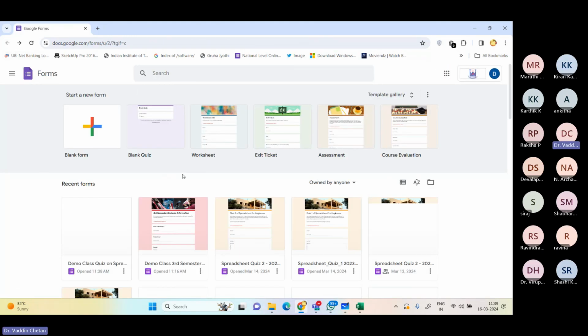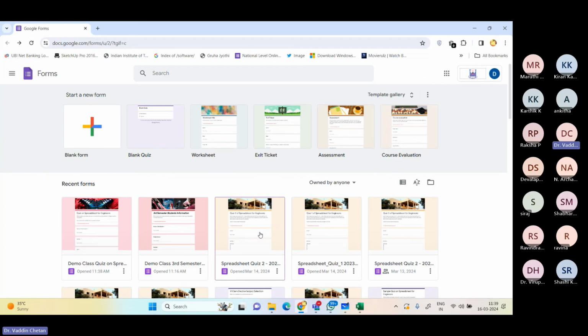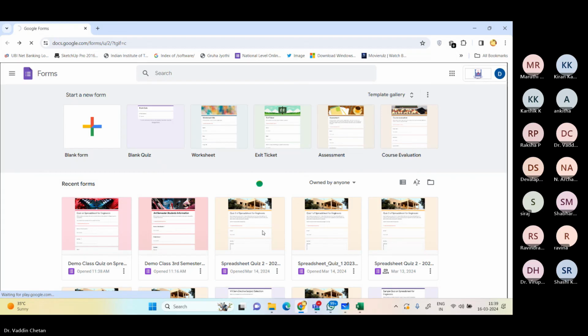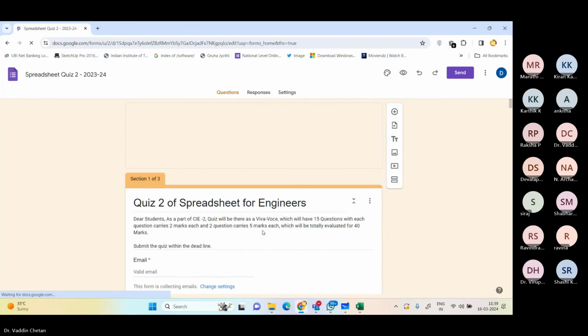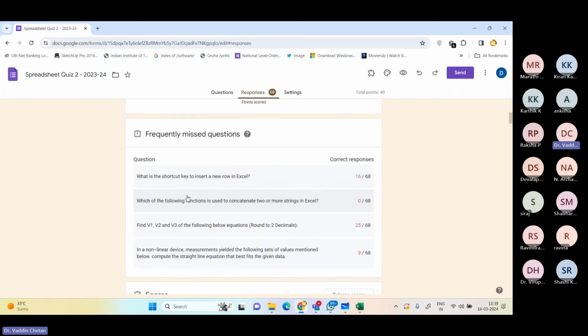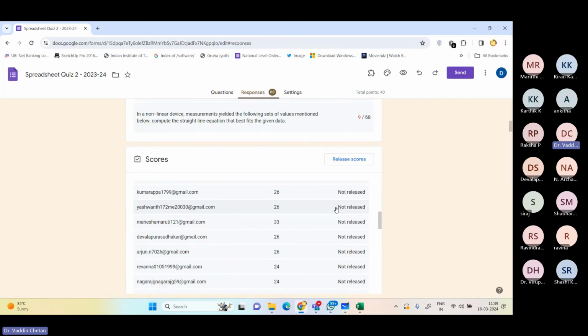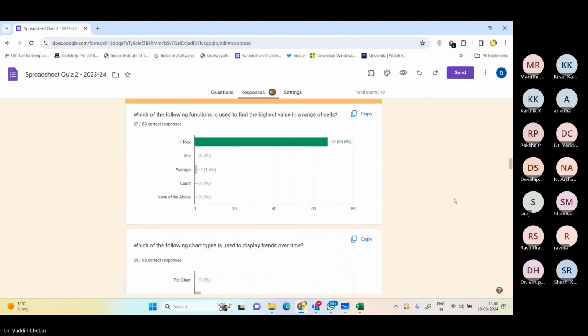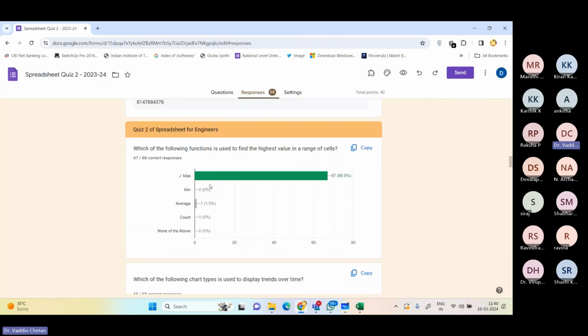If you require, I will show how exactly the dashboard will be. I can see that 68 students have answered, and I have not released the grades. This is the correct answer. 98.5% have given me the correct answer.